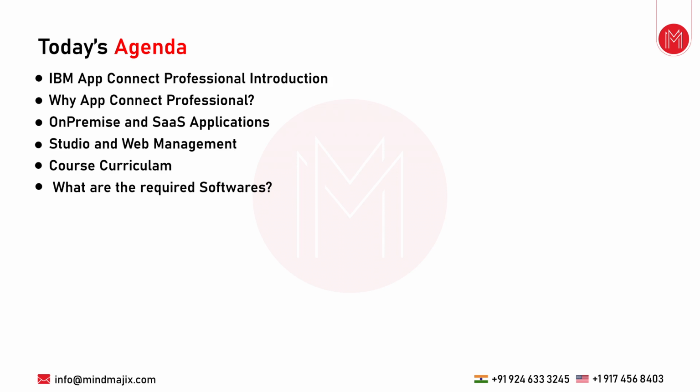We will also discuss the App Connect Professional Studio and the Web Management Console. And I will discuss the topics I am going to cover in the coming sessions, and also the required software for this training.